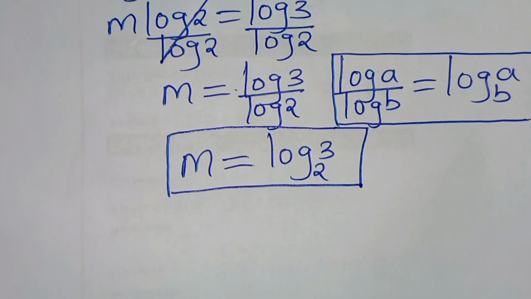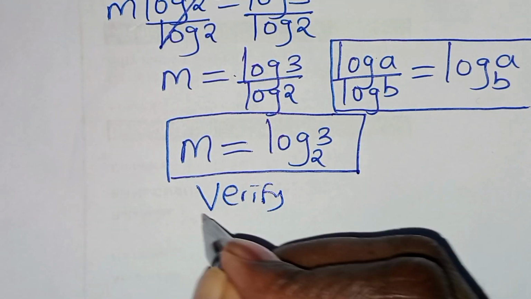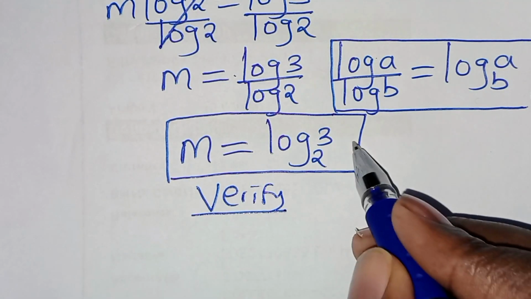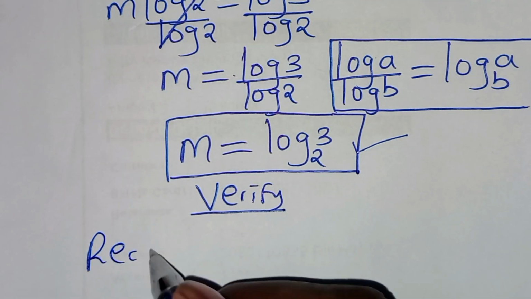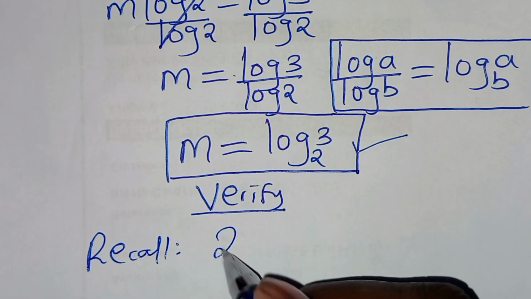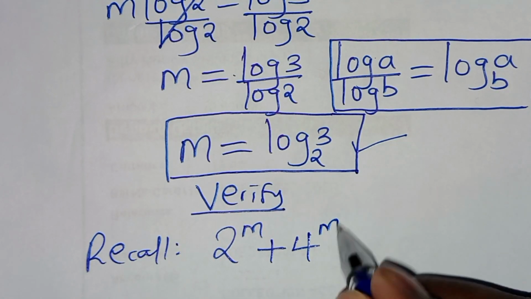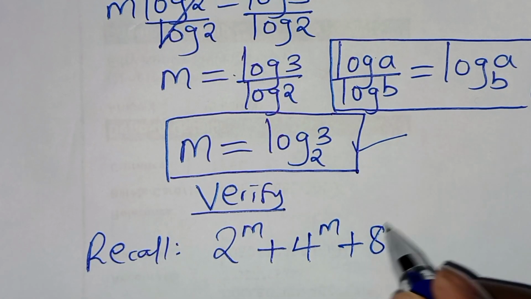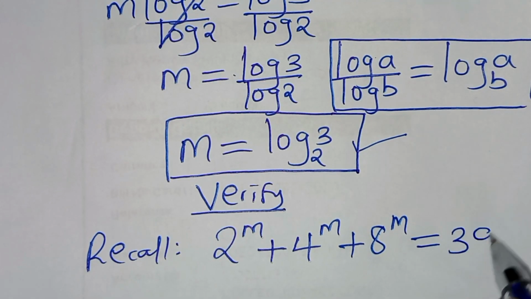So the next step here is to verify. So let's verify that m satisfies the equation. Now, if you recall here, we have that 2 to power m plus 4 to power m plus 8 to power m is supposed to give us a value of 39.